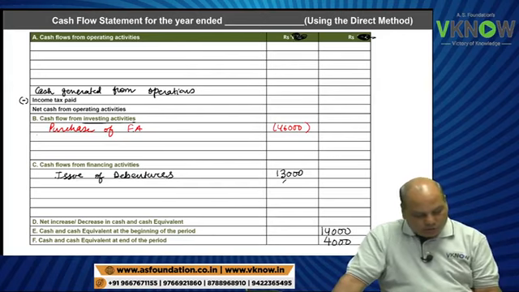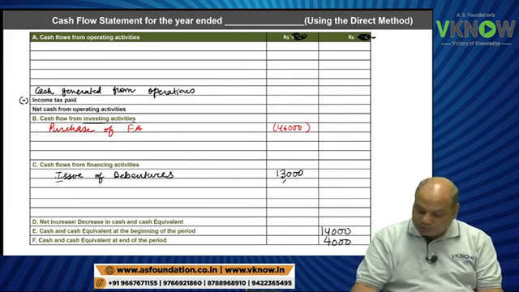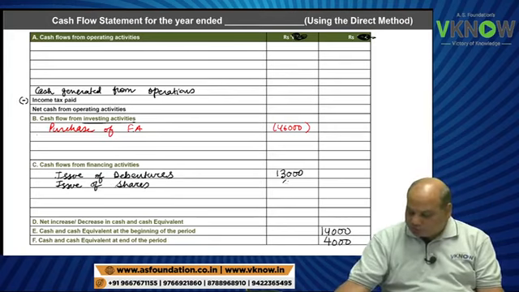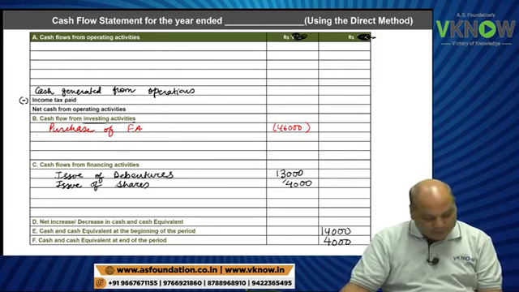Then equity share, from 84,000 it has become 88,000. So I will write issue of shares 4,000.